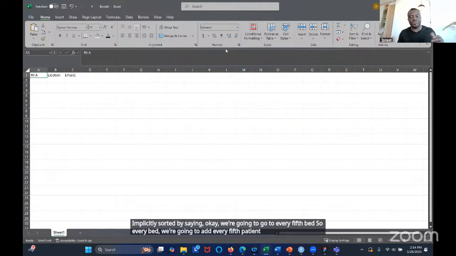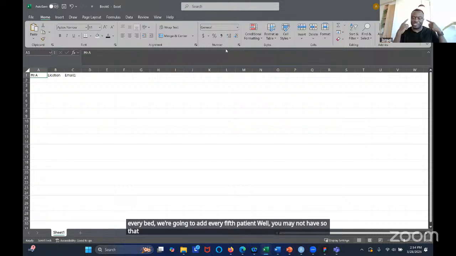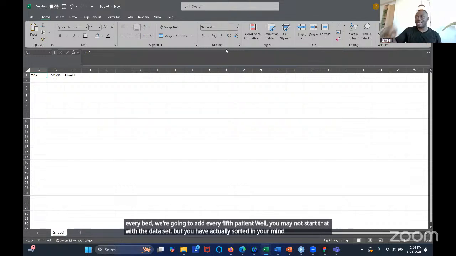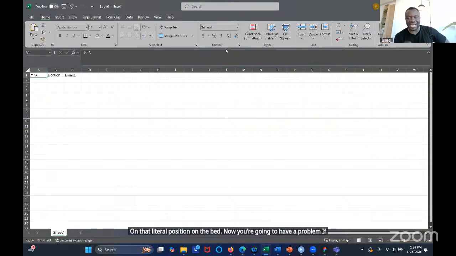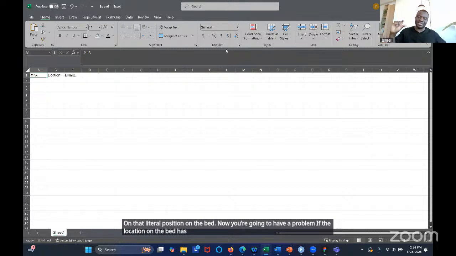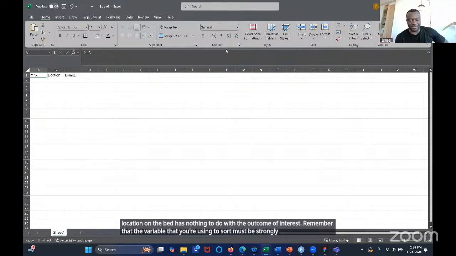Well, you may not have sorted with a data set, but you have actually sorted in your mind already by saying every fifth bed. That's sorting based on their literal position on the bed. Now you're going to have a problem if the location on the bed has nothing to do with the outcome of interest. Remember that the variable that you're using to sort must be strongly correlated with the outcome of interest.